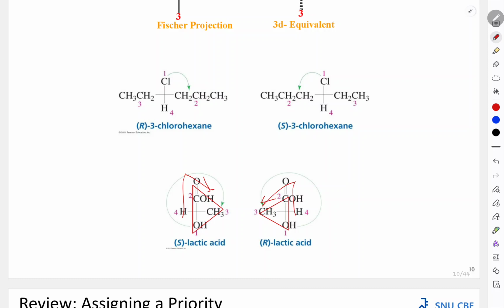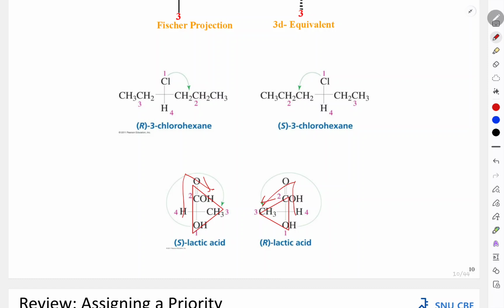So you have hydrogen here at location 3. And then with the remaining 3, you can decide the rotation, the directionality, counterclockwise versus clockwise. In this case, you have the chloro group, top priority, then propyl and ethyl. So 1, 2, 3 will give you the clockwise rotation.